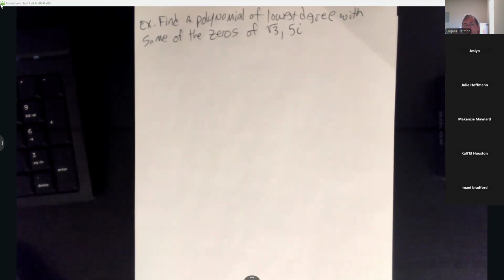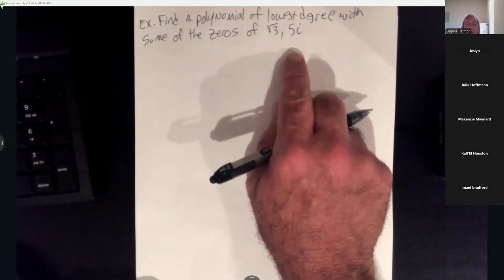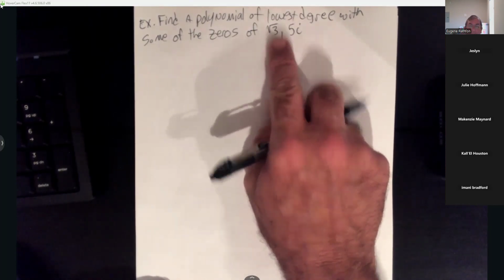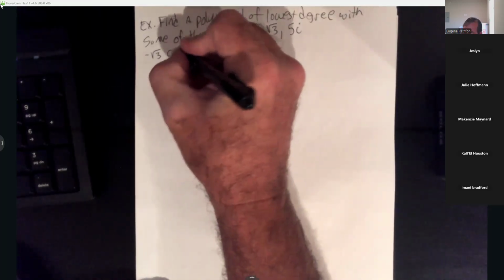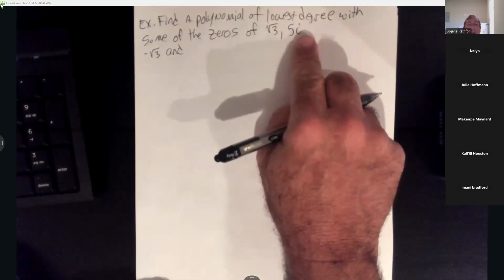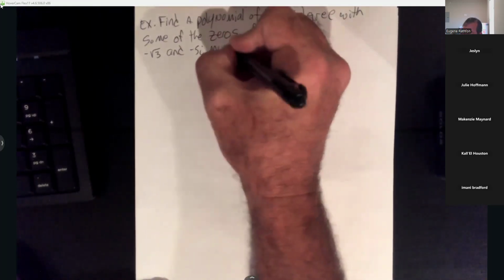So if they gave me these zeros here, then what else must be a zero? Well, that means a negative square root of 3 and a negative 5i must also be zeros.